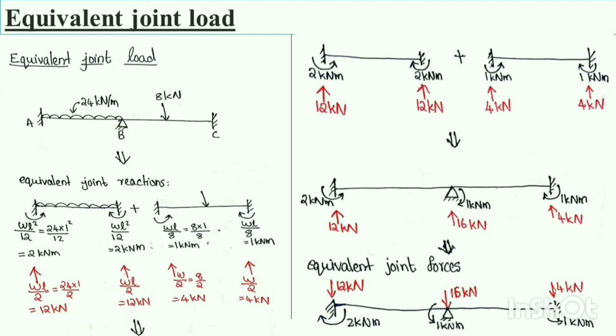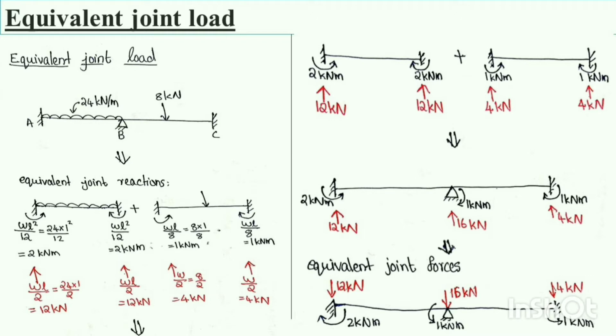Next is equivalent joint forces. Equivalent joint forces will be just opposite the equivalent joint reactions, just the opposite sign. That is, at A, load will be 12 kilonewton downwards. Reaction was 12 kilonewton upwards, therefore load will be or force will be 12 kilonewton downwards.